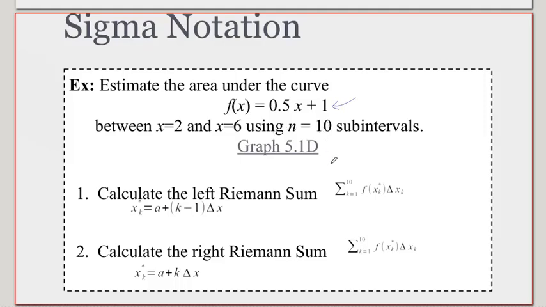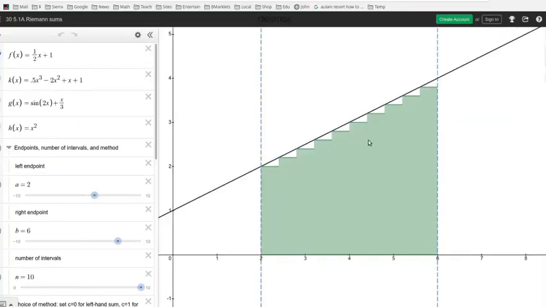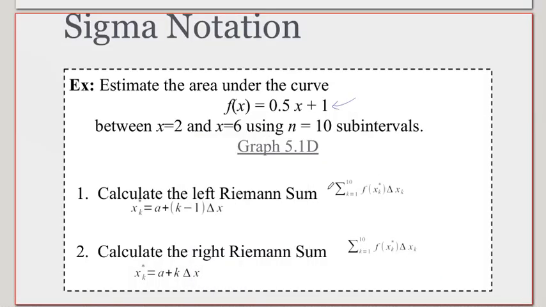So let me show you what this looks like first of all, then we'll get to the calculation. So we are calculating the left Riemann sum of this curve, the black line, which of course is just a straight line, using 10 subintervals. So we're using 10 rectangles to estimate. Now, clearly this is going to be an underestimation. Okay, let's do it.